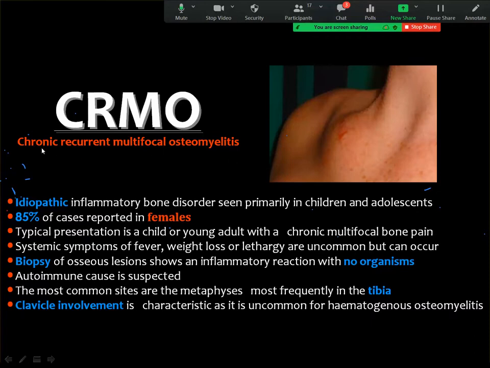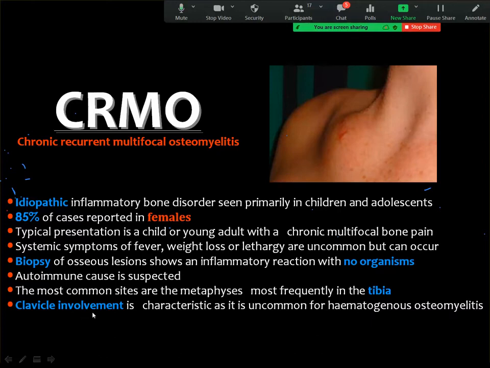And you know that this is chronic, recurrent, multifocal, so it can come back, and there are no signs or symptoms of significant infection. But sometimes you get mild fever and weight loss, and the most common site is the tibia, and the clavicle is usually involved.